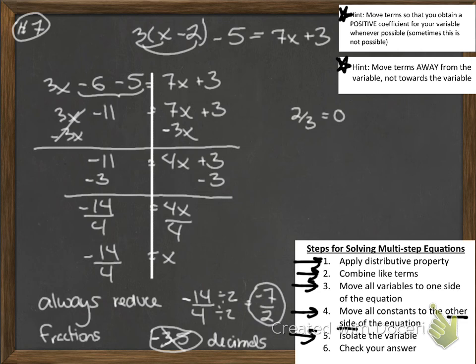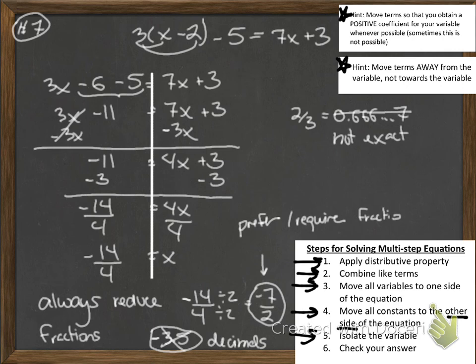If you type 2 divided by 3 in your calculator, you get a long string of digits, and eventually there's a 7 at the end of it. Because this is not an exact representation of our answer, we prefer fractions, and sometimes your instructor might actually require your answer to be a fraction, not a decimal.